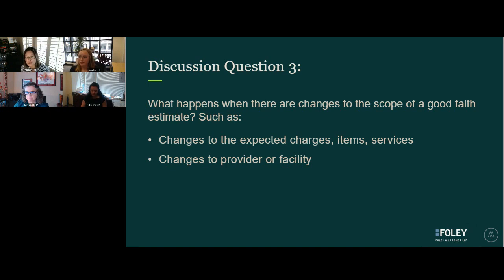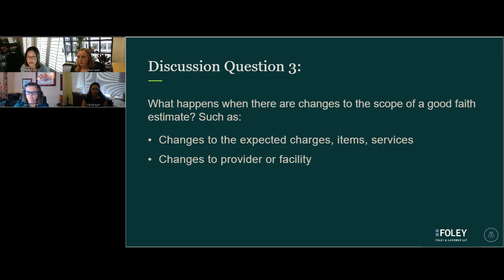Thanks, Kara. So if the change to the provider or the facility is happening less than 1 business day from the date of the appointment or the service, the replacement provider or facility must accept the GFE for the relevant items and services being furnished that was provided by the replaced provider or facility. In essence, they must accept it as it is if it's less than 1 business day notice.